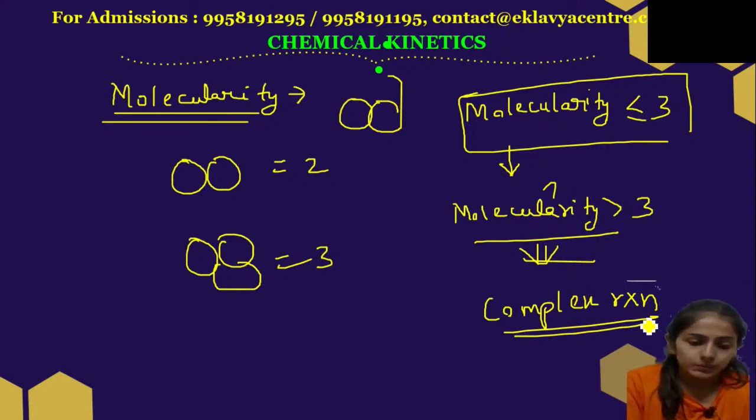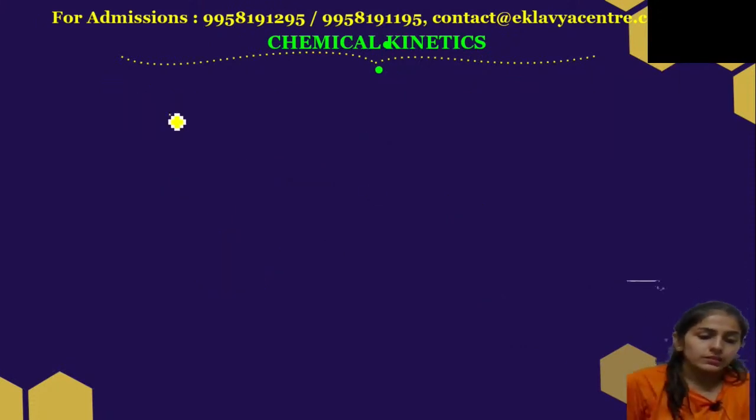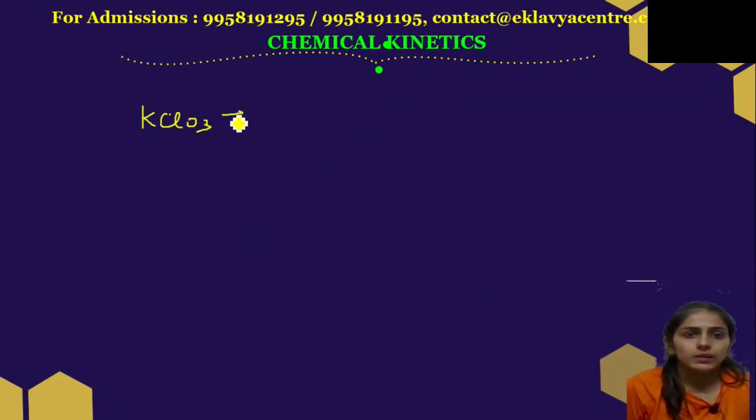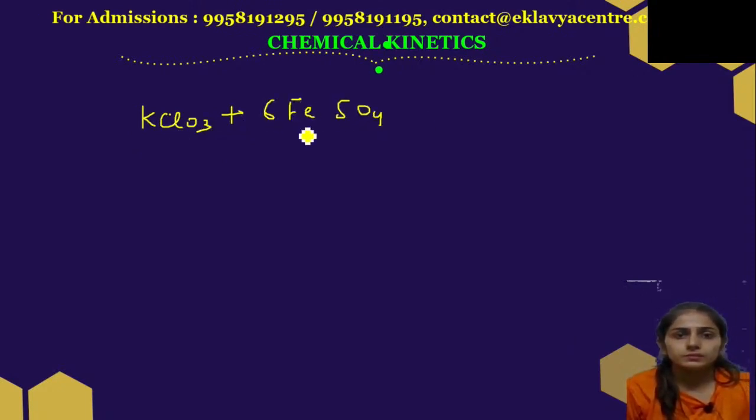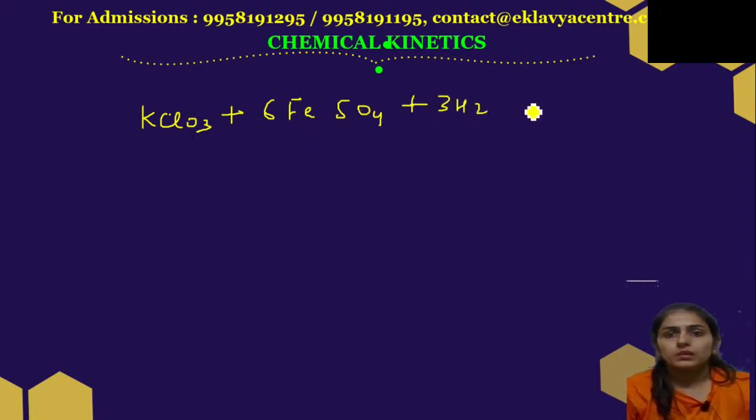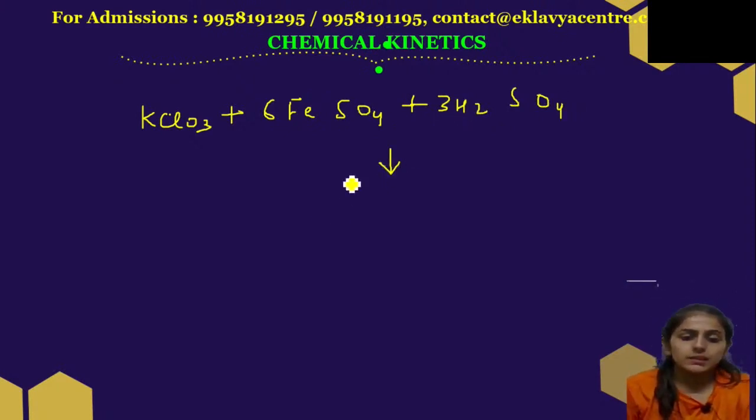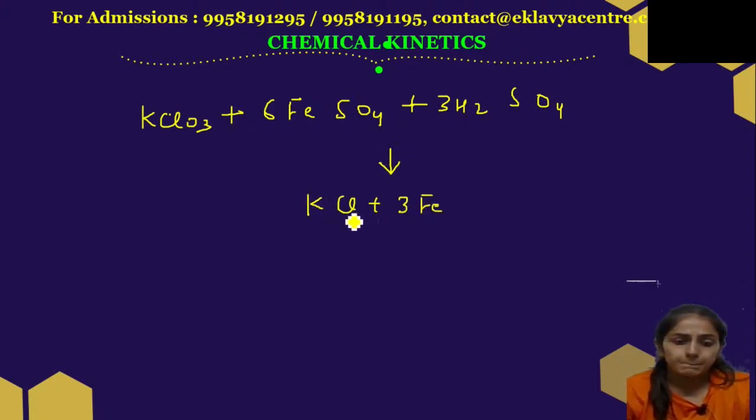I'll give you one example of a complex reaction, given in your NCERT: KClO3 plus 6 ferrous sulfate plus 3H2SO4 reacts to give KCl plus 3 ferric sulfate plus water. What is the molecularity of this reaction?